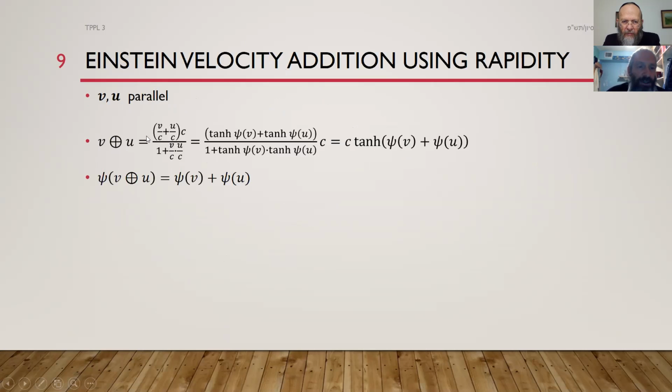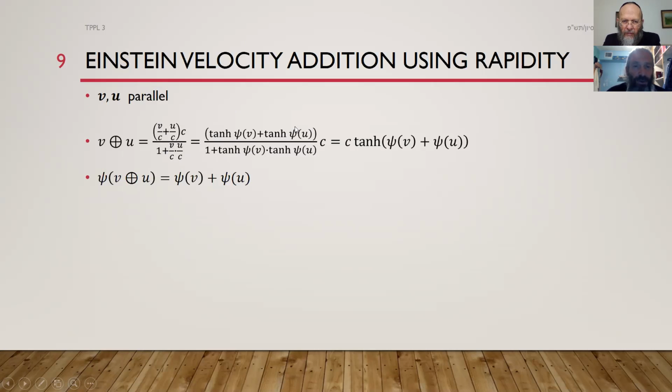Divide each velocity by c and multiply by c. And then on the bottom, you'll have v over c and u over c. And v over c is exactly the hyperbolic tangent of psi of v. And the same thing for u. And on the bottom, 1 plus the product of the tangents.